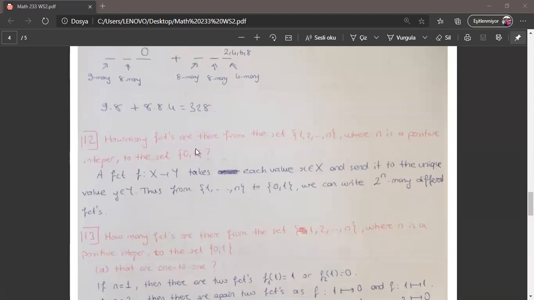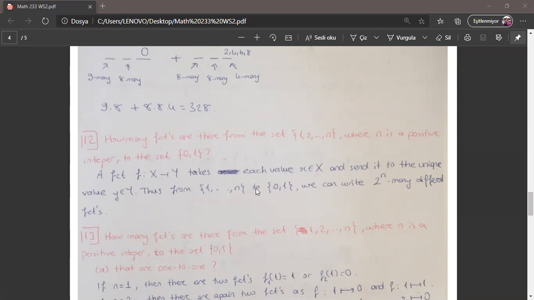Now what about this? We want to compute the number of the functions from this set to this. So remember, a function is defined by this. It takes a value from this set x, and it sends it to y, but the image of one value in here should be unique, right?